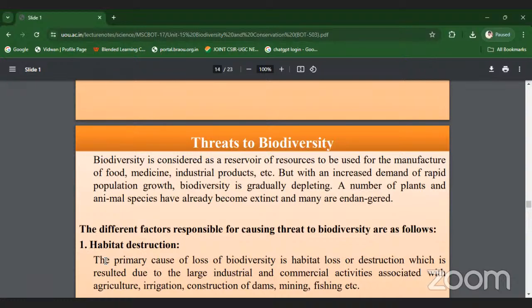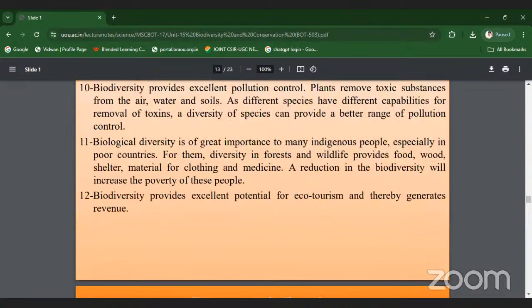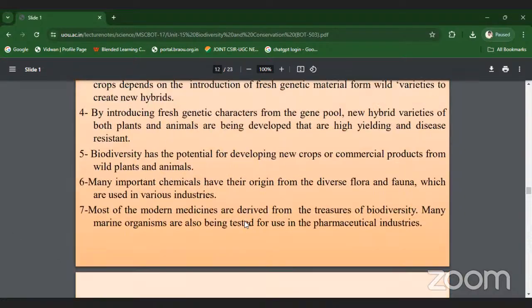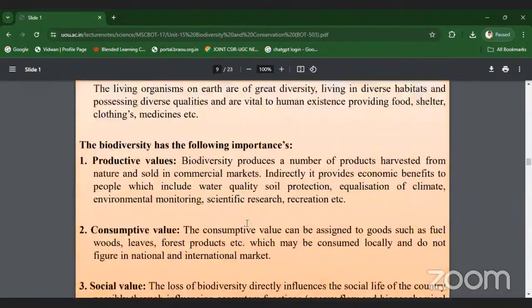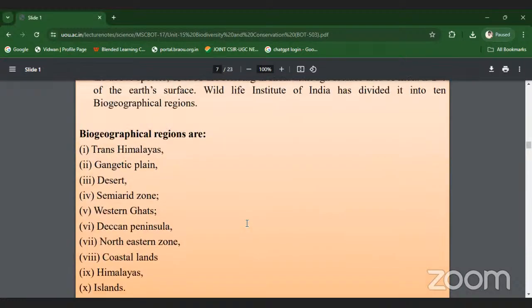Let me explain only these three. For example, this is India.